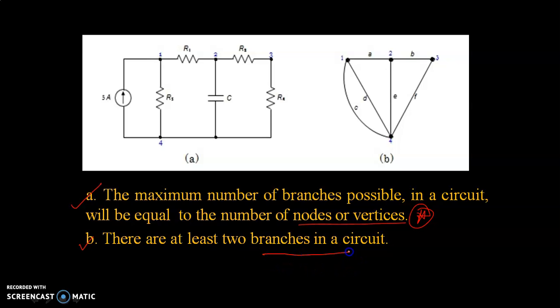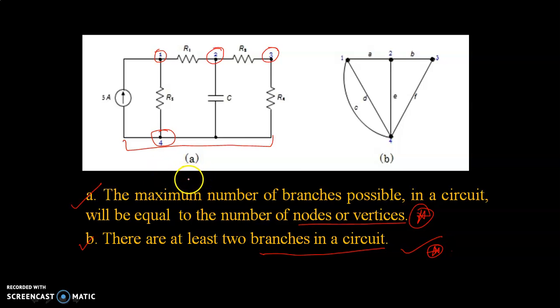We have studied this in our basic introductory network analysis class also. This one is also very important. See this, it has blue colored nodes: node 1, node 2, node 3, and the reference node 4.